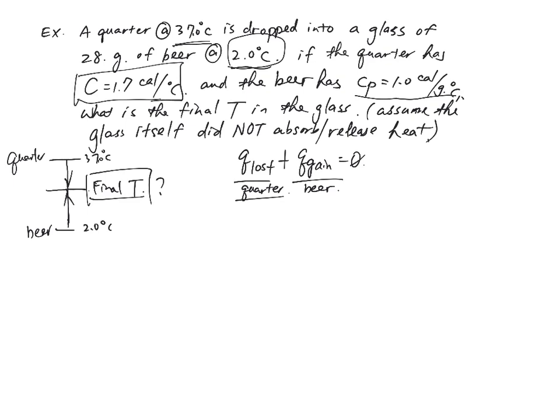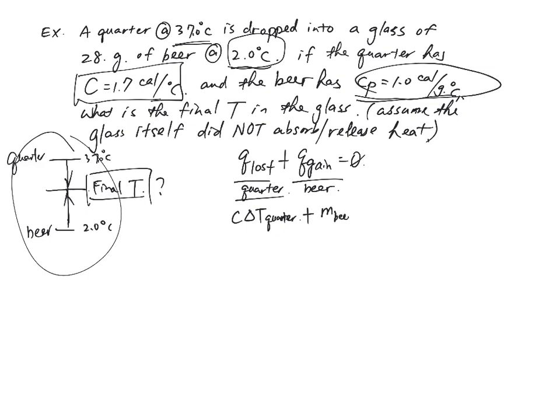We have a C here, so the heat lost by the quarter during this process is C delta T of the quarter. And what about the beer? For the beer, we are provided with a different thermal property, Cp, so it's M of the beer times Cp times delta T of the beer. That should equal 0.